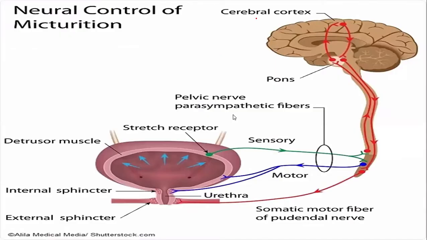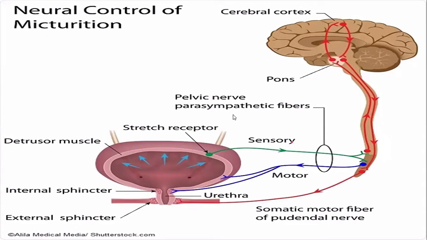So if you look at this, doctors, this is how our micturition is controlled. For example, the parasympathetic fibers, di ba? Their effects are that they will increase the peristalsis of your bowels, and they could also increase the contraction of your detrusor muscles of the urinary bladder.